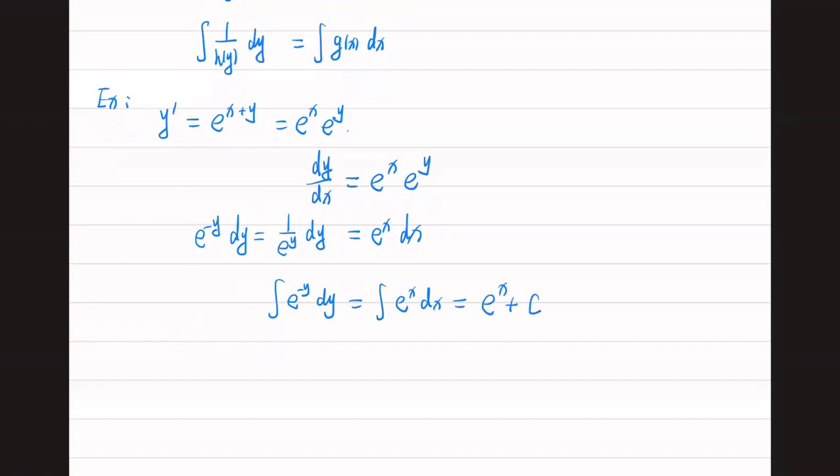What about this? Elisa, how do you integrate this? E to the negative y. And is this all, or do we need to make some adjustment?